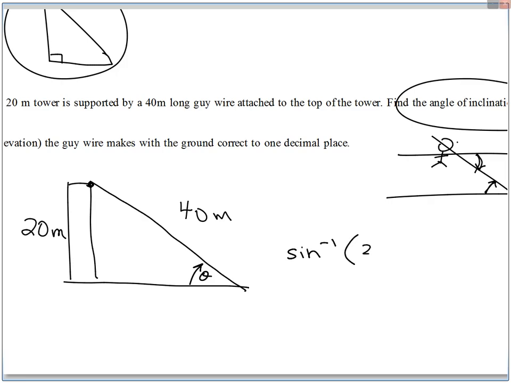Why is it sine? Because you know op and hype. Yes, 20 is straight across. That is your op. And 40 is straight across the hypotenuse. This one's 30 degrees. I know that one. 30.